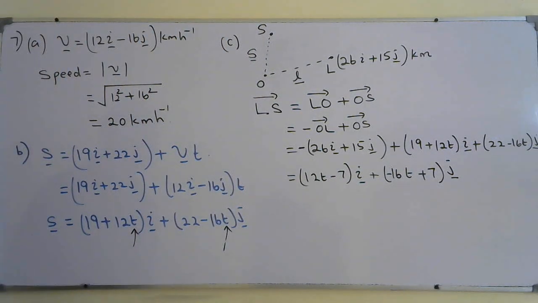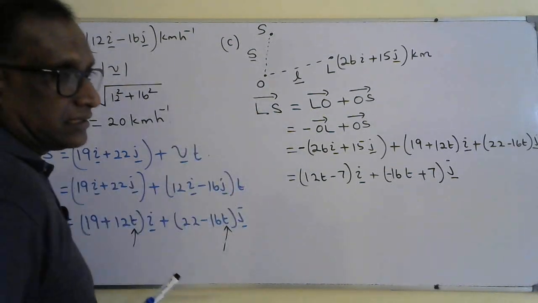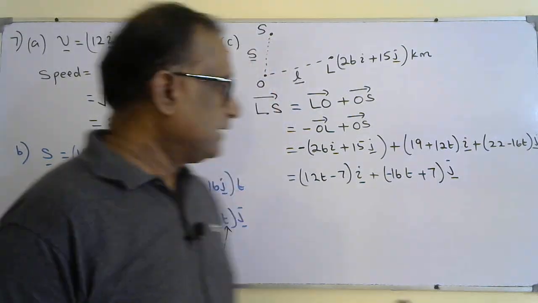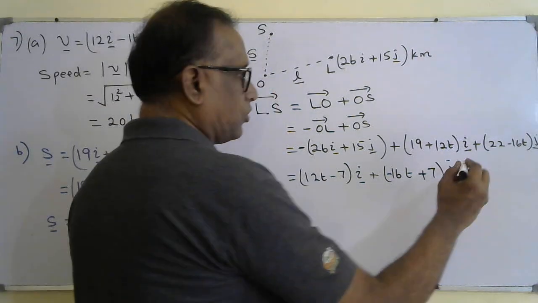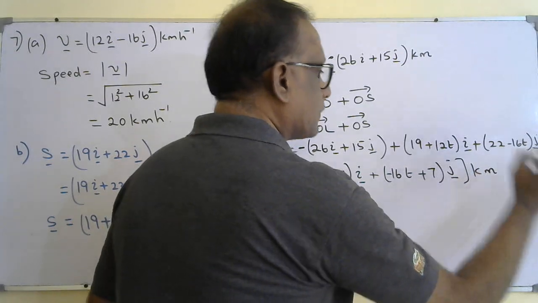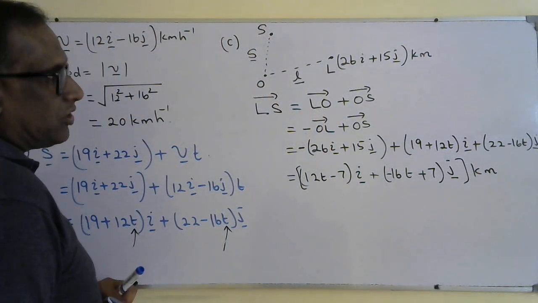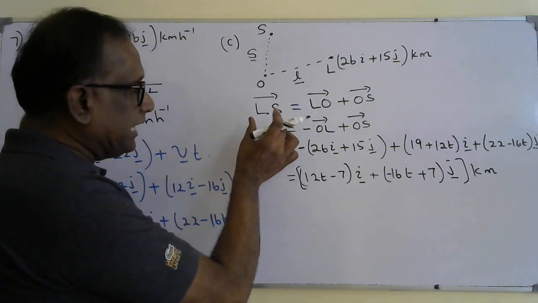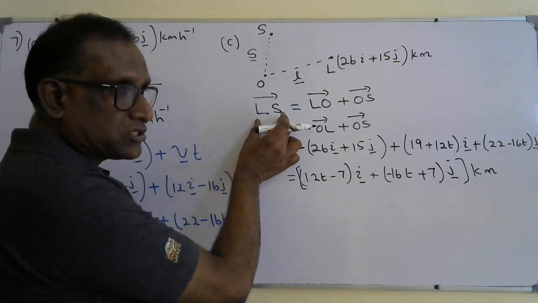Okay, so the distance of S from L should be more than 1.3 kilometers. This is given in kilometers. So the distance of the ship from the lighthouse should be more than 1.3, which means we need to find the modulus of this vector.